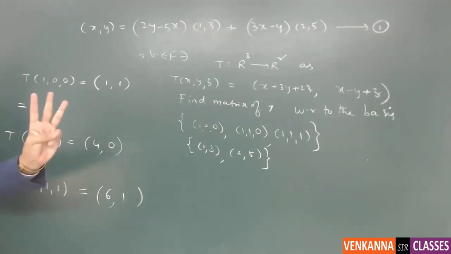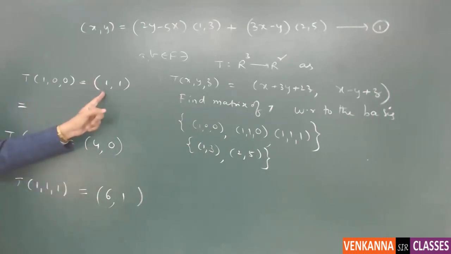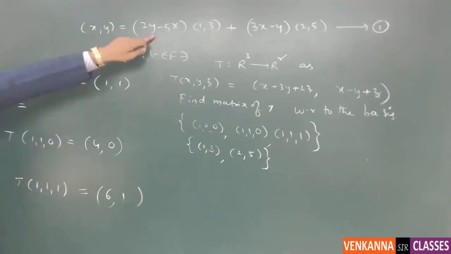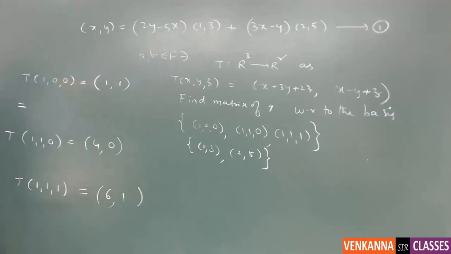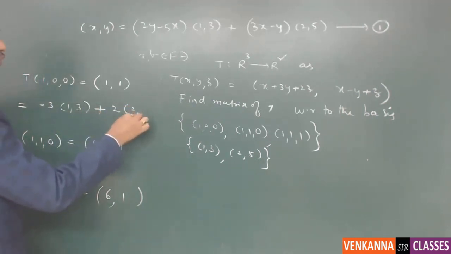What is the third step? For the images, I have to apply the linear combination. So you feel that this is x, this is y, and apply the linear combination. So 2y minus 5x is nothing but minus 3 into 1 comma 3 plus 3x minus y 2 into 2 comma 5.